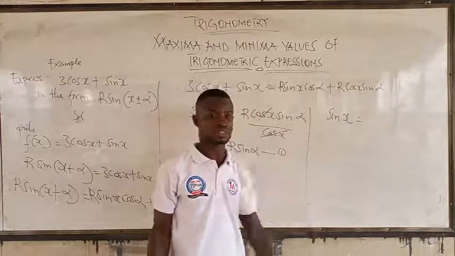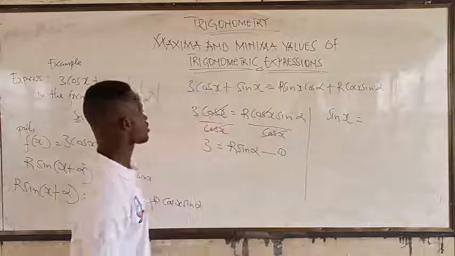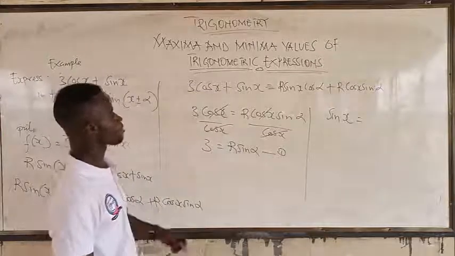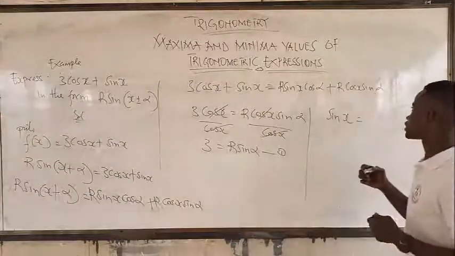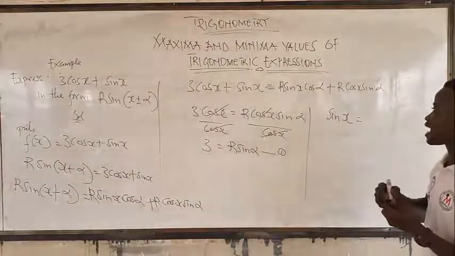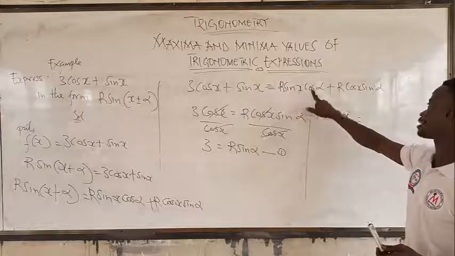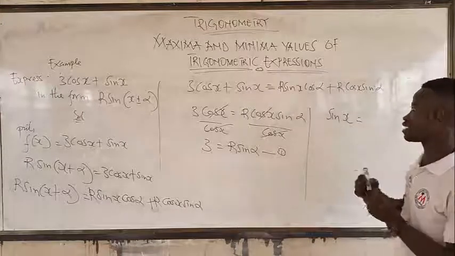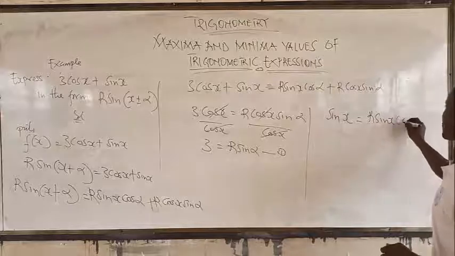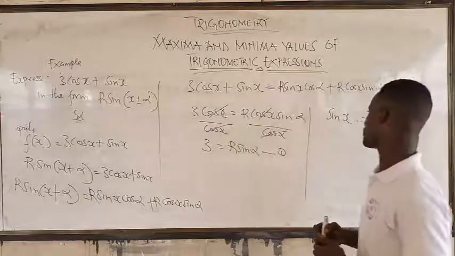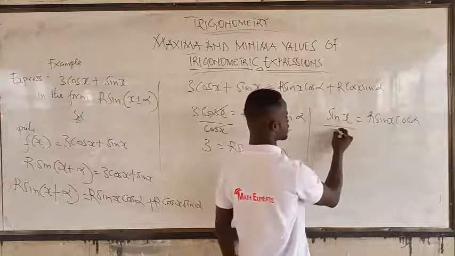So that is going to ease your stress. Very good. So sine x is going to be equal to, you can see that we have sine x here. There is no sine x here, but there is sine x here. So r sine x cos alpha. Now you divide both sides by sine x.